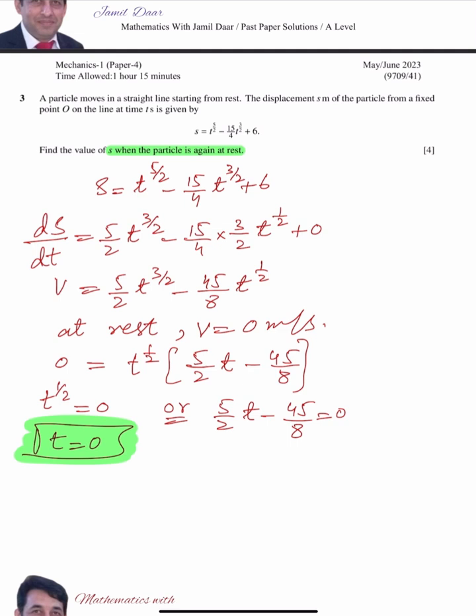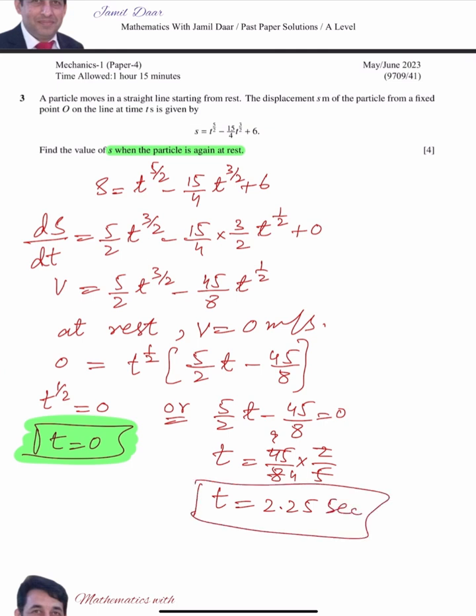Okay, and then t is equal to 45 over 8 into 2 over 5. So this will become t is equal to 5 nines are 2 fours are, and this will become 2.25 seconds. So that means next time it was at rest when the time was 2.25 seconds.